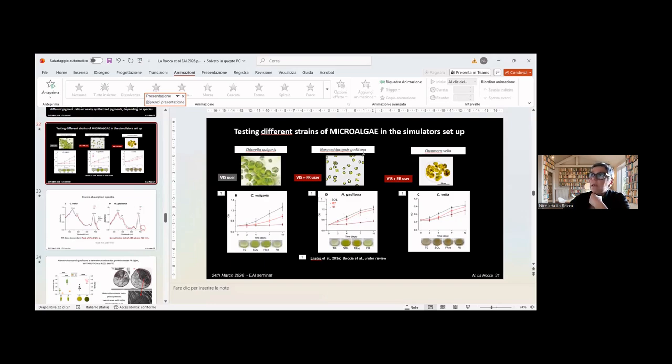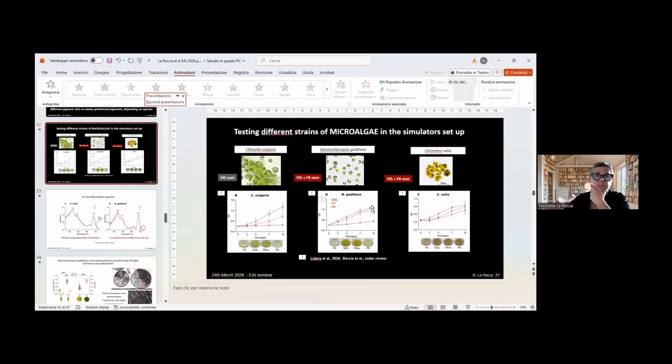So as this type of alga has a constitutive tail of absorption in the infrared, it doesn't need to acclimate to infrared light to use it. Compared to Chromera velia, we observe this burst of growth, and this could depend on the effect of infrared light on the entire photosystem structures and functionality.